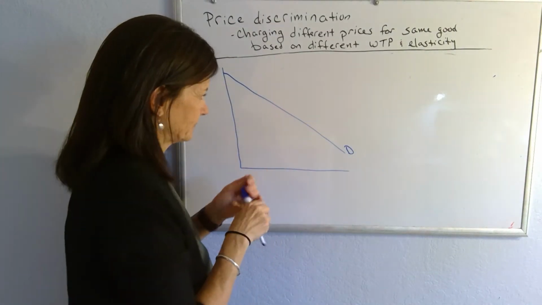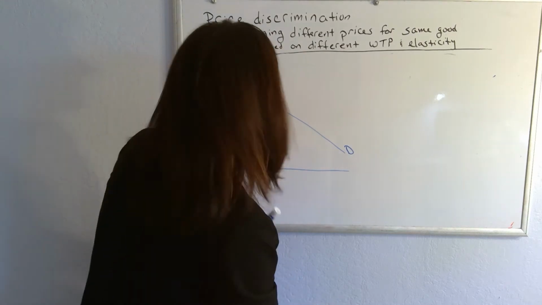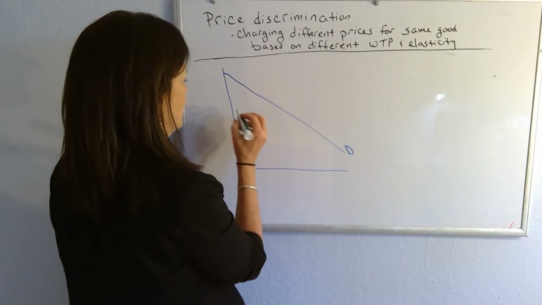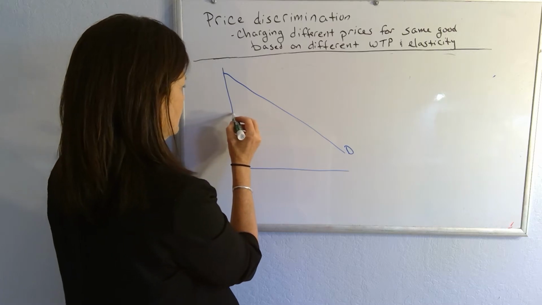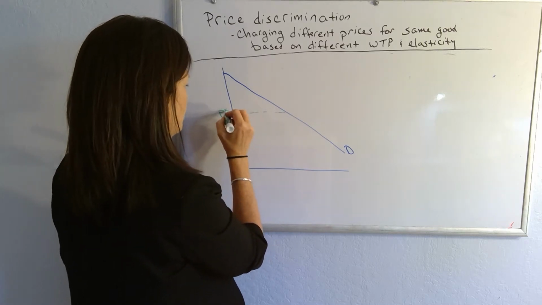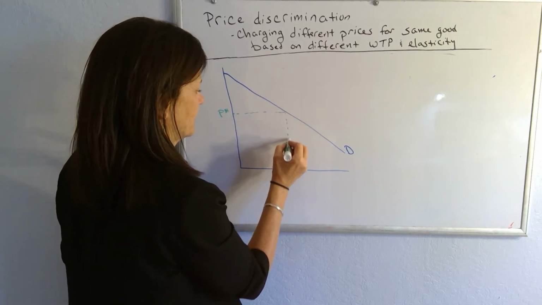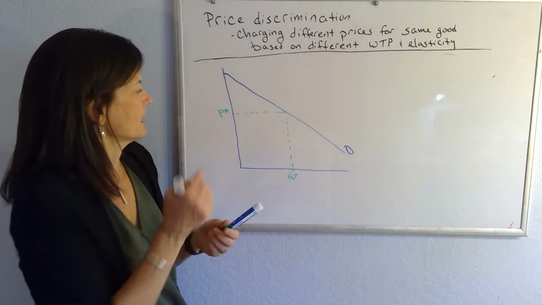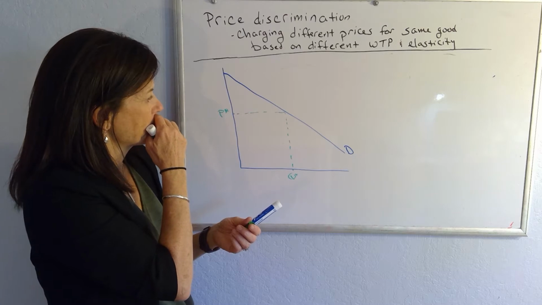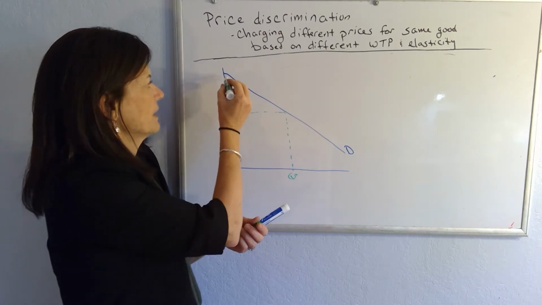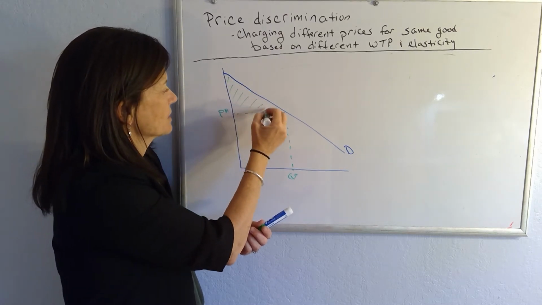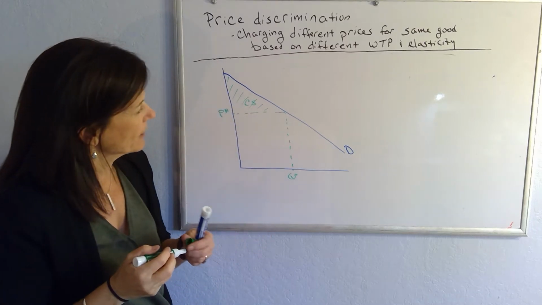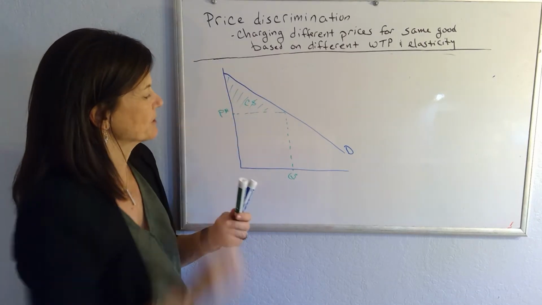Think about it this way, other types of discrimination. Let's say here's our, I'm not going to put in all the curves just to keep it clean. But let's say we're selling something, and here's all this consumer surplus. All that consumer surplus means people are willing to pay that much more than I'm charging.